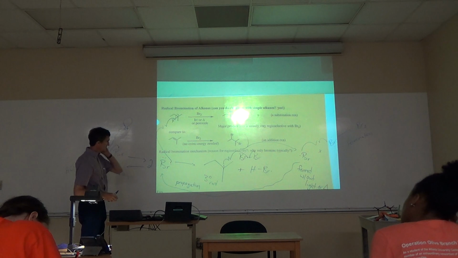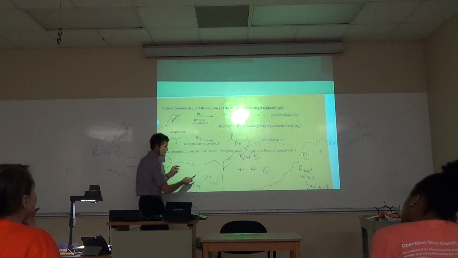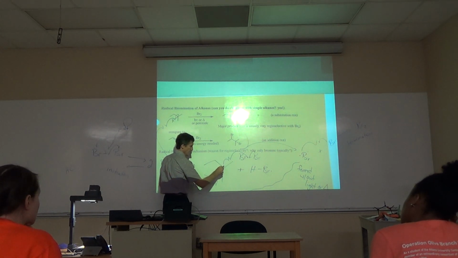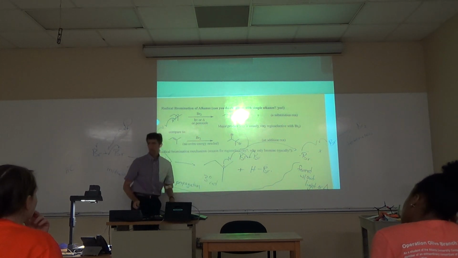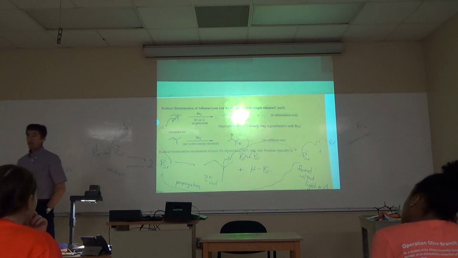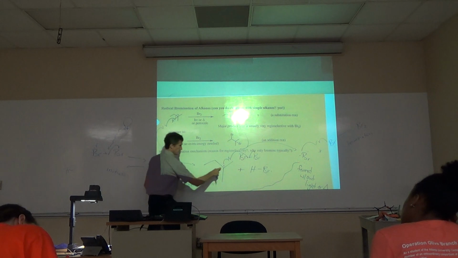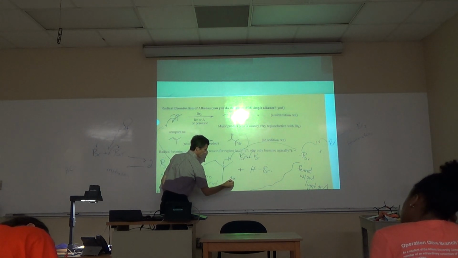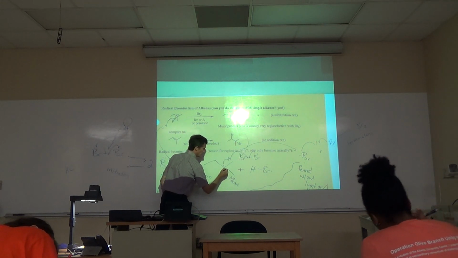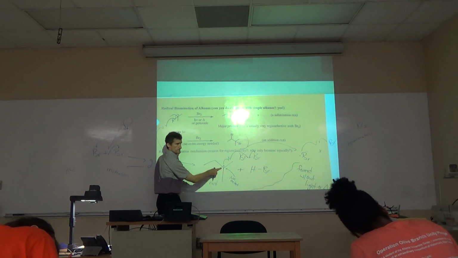Why regioselective? Well, what type of radical did we make here in this reaction? Tertiary. And what's the best type of radical? Carbon radical. Radicals are just like carbocations. They're electron poor. This carbon does not have an octet. Okay? No octet. What's the charge of this carbon?